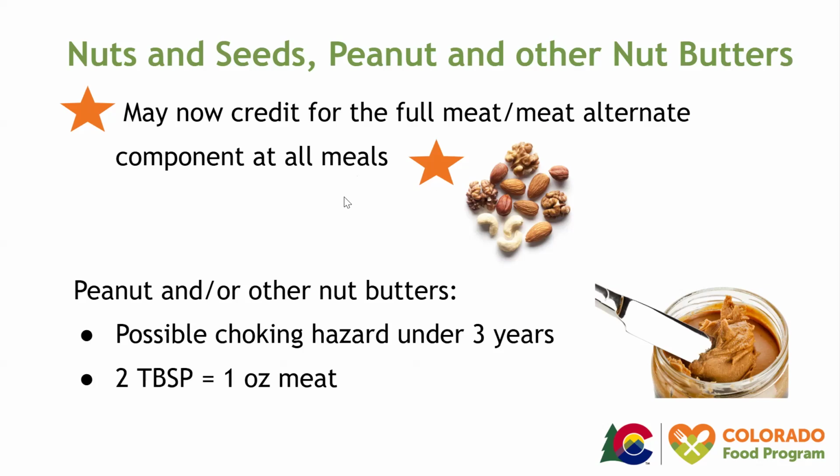And 2 tablespoons is equal to 1 ounce meat equivalent. Something also to note with nut butters, 2 tablespoons is quite a lot of peanut butter. So if you need to serve 1.5 ounces of meat, maybe serving a cheese stick on the side, or serving it with something else to make up the full serving size of meat may be necessary, just due to the quantity of it that is needed to meet those larger portion sizes for the older kids.